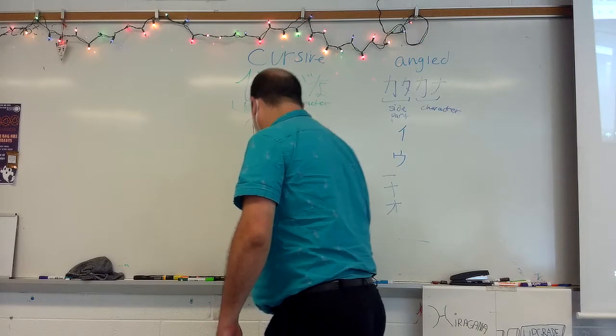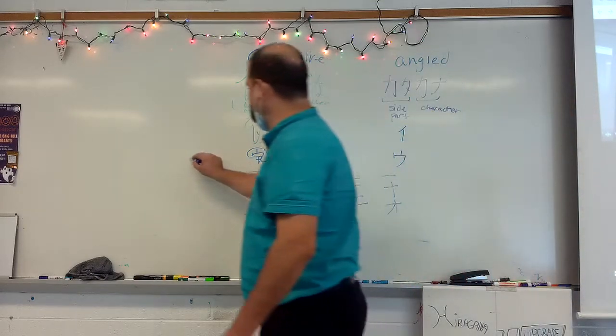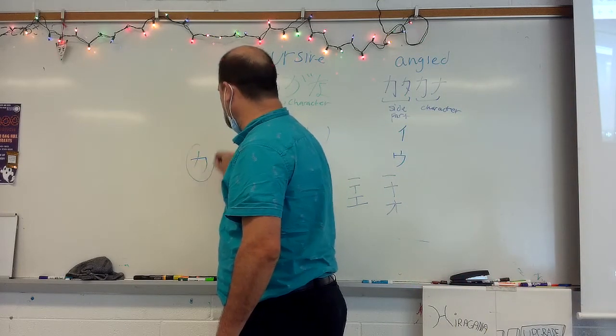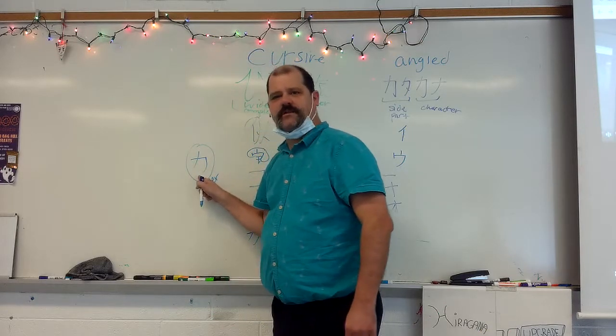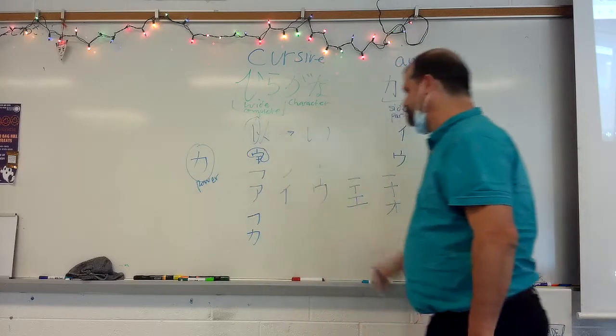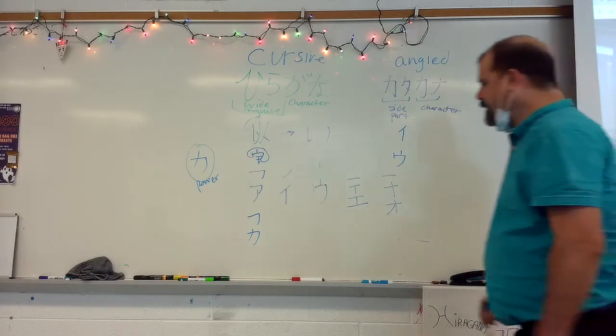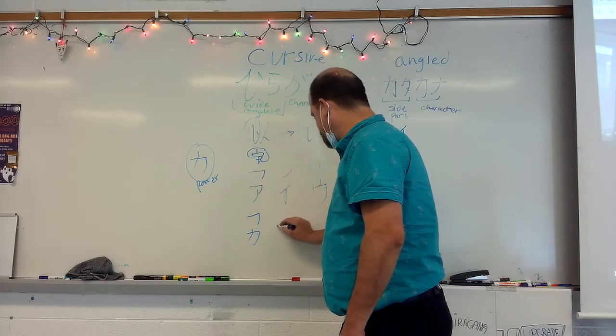And so ka looks a lot like our friend ka from hiragana, but it's much more angular. In fact, it looks exactly like the kanji chikara, which means power, and this sometimes is pronounced ka. So that's one reason. Ki looks kind of like the top part of the hiragana ki.